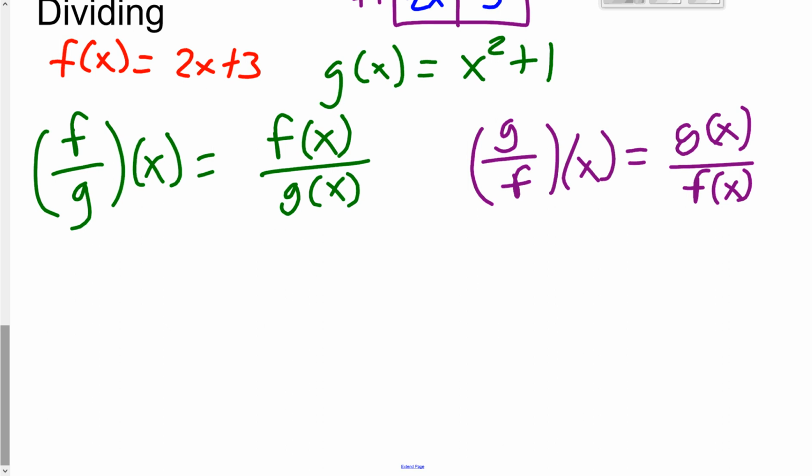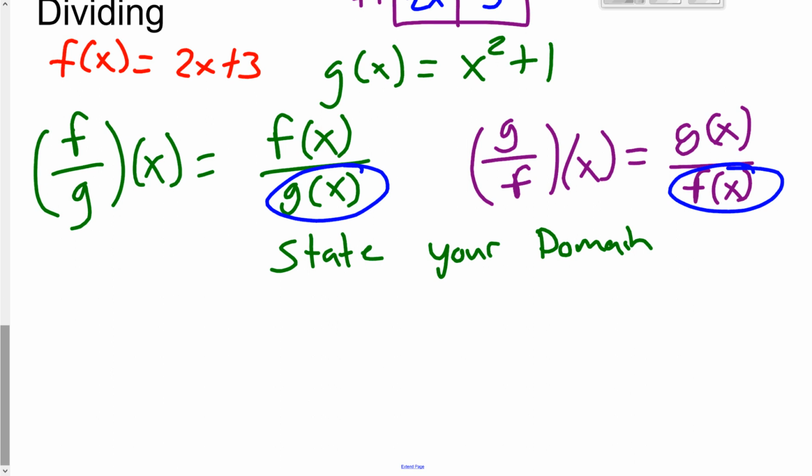state your domain. So always state your domain. And remember how we do that? We take our bottom function, right? Here we take our bottom function because it's a fraction. Your domain is what can you plug in for x that you get answers out, right?